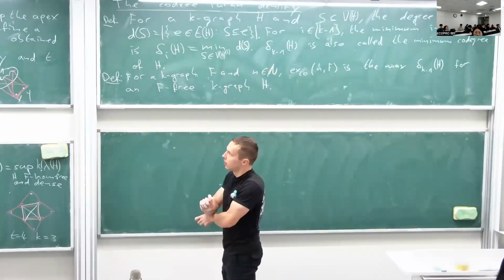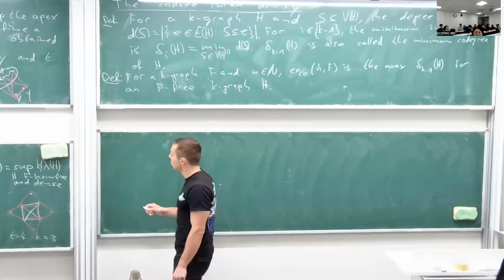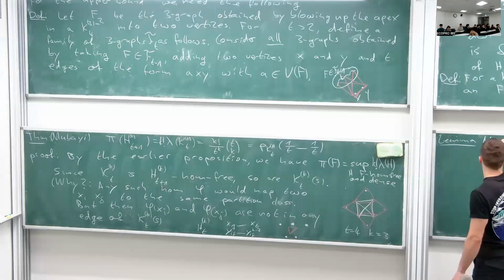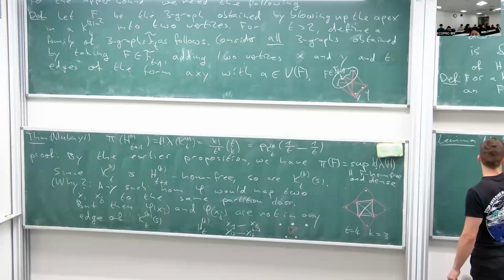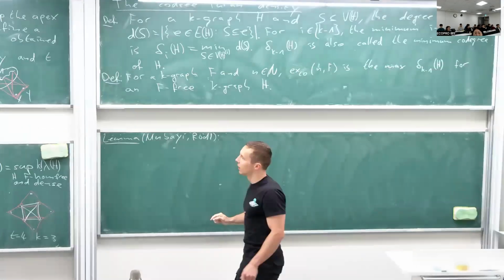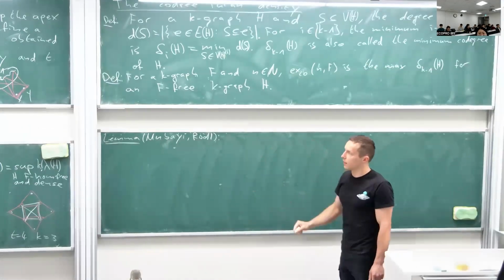And now we want to use this lemma, which is by Bjarne and Schülke, which tells us some properties of this family.